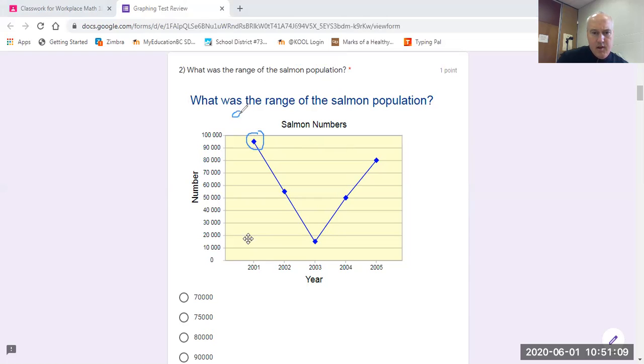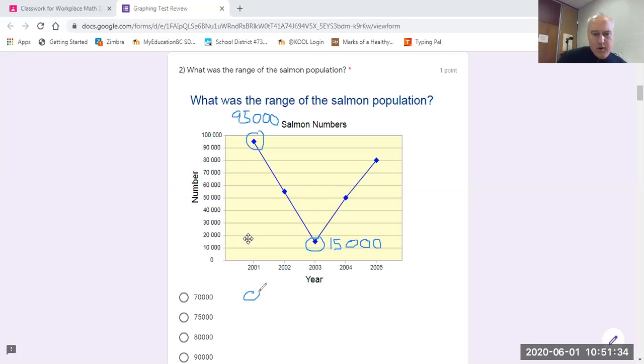So that is the highest that it goes, and that was back in 2001, although that doesn't really matter to us. But that's the highest value. And then the lowest value is here, and that is, as it looks like, basically 15,000. So the range is defined as the difference between the highest and the lowest values.